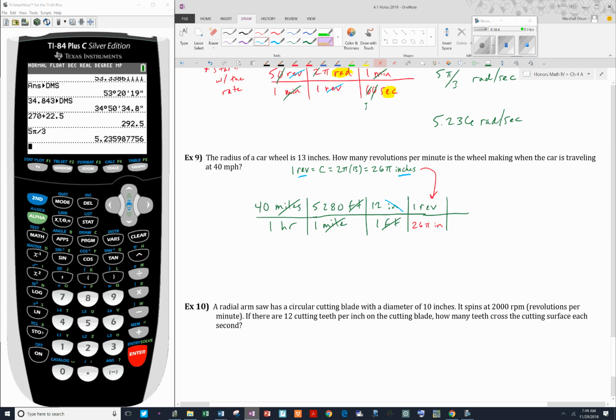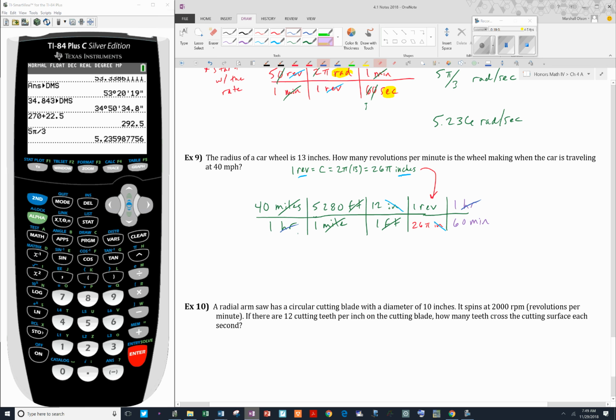So now we get those inches to cancel out, and now we'd be in revolutions per hour. Our last conversion is to go from hours to minutes. 1 hour, 60 minutes. Look at these guys cancel out.